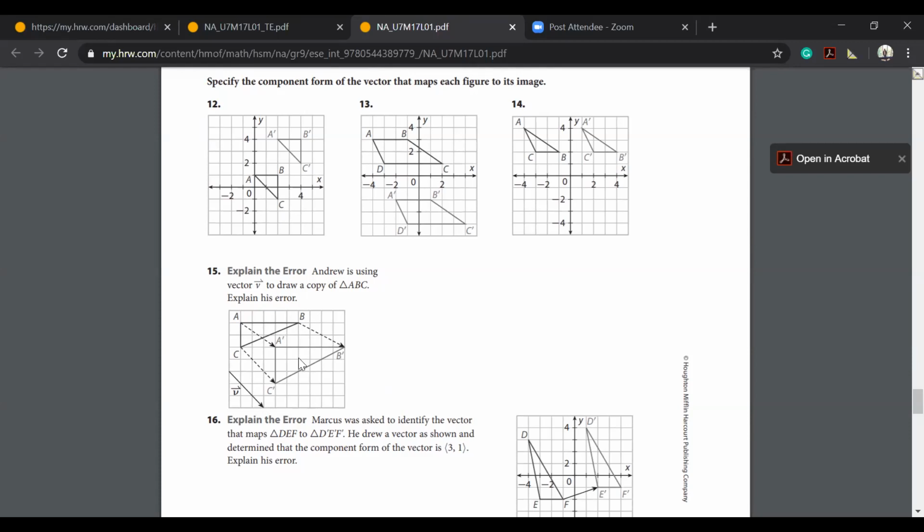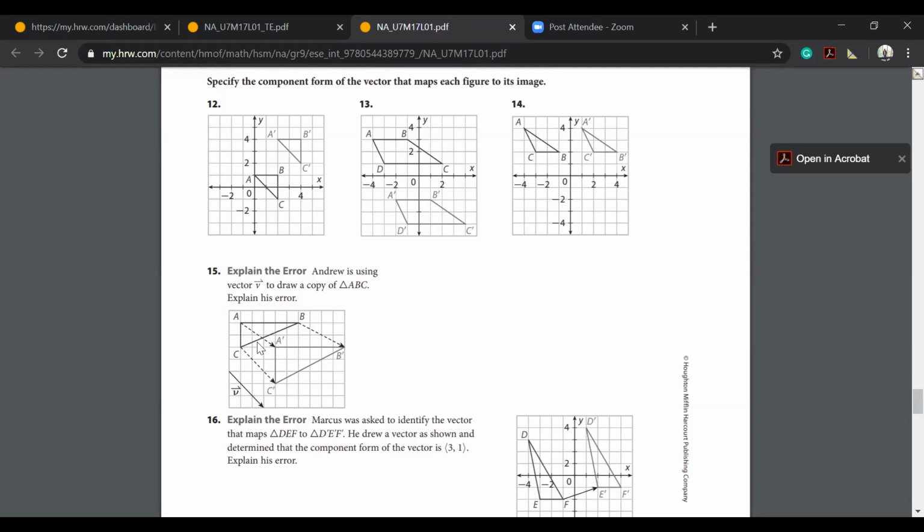Actually, before we count, before we do anything, it's very obvious that there is a mistake here. Translation change size? Never. This is a rigid motion, so it will not change size, right? Don't you see that there is a very obvious change in size? From A, B, C to A prime, B prime, C prime, they are not the original size.